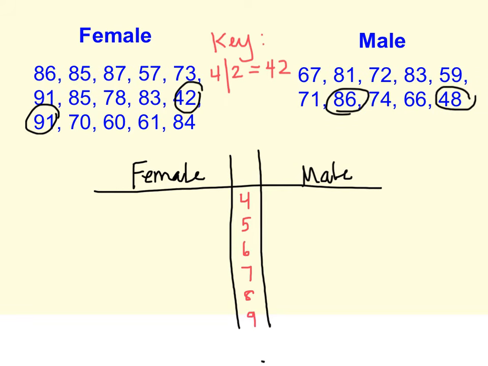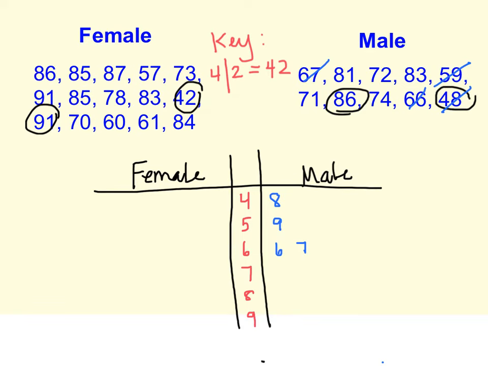All right, I'm going to do the male side first since that's the one that's similar to the last video. The first one is a 48. That's going to go along with the 4 and then the 8 goes right with it. So there's our 48. Now we look to see if we have anything in the 50s, and there's a 59, cross that off. In the 60s, we have a 66 and a 67.